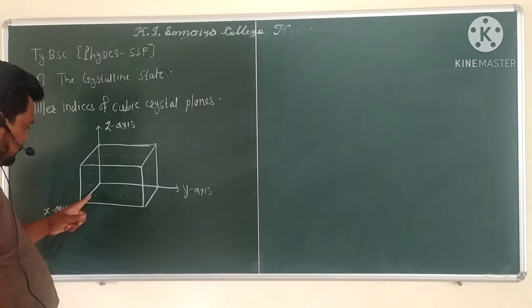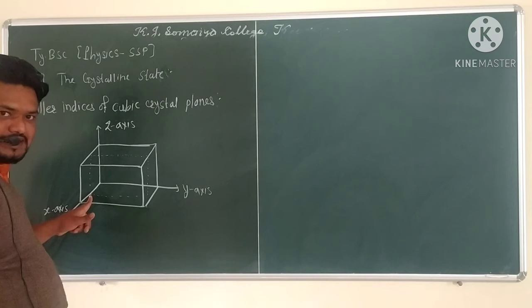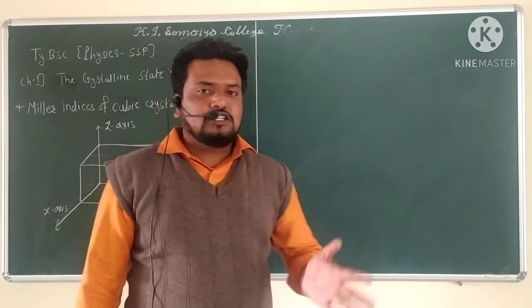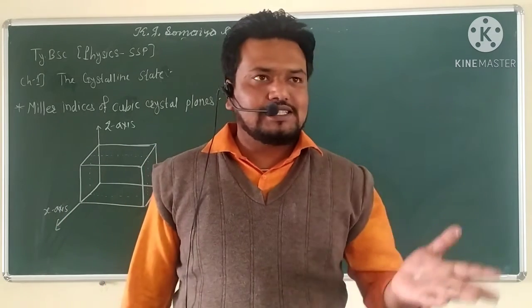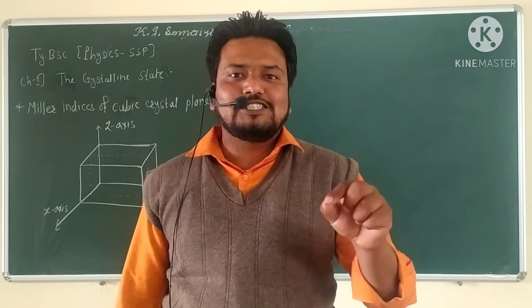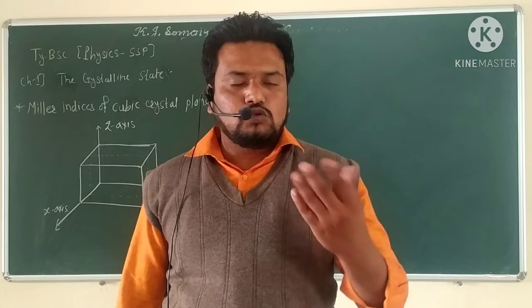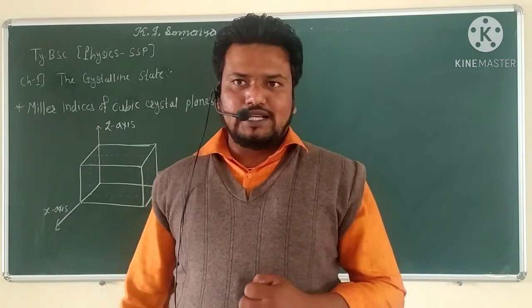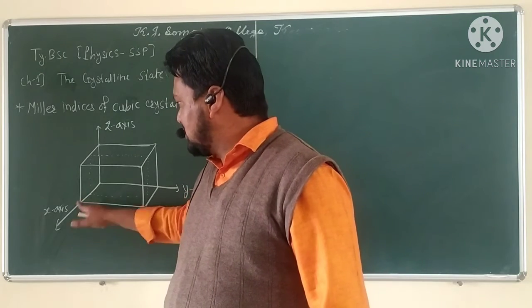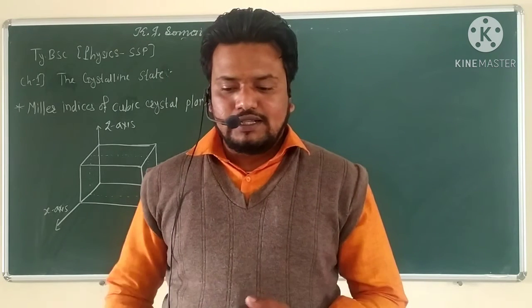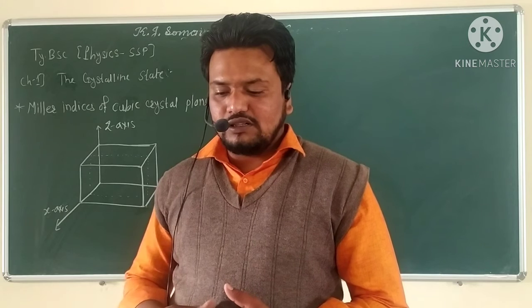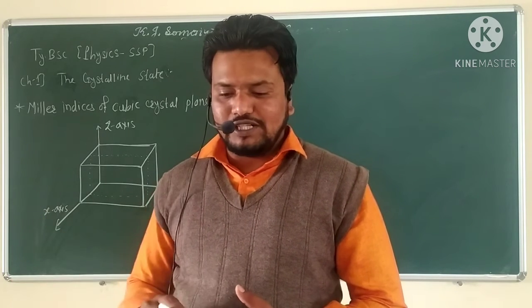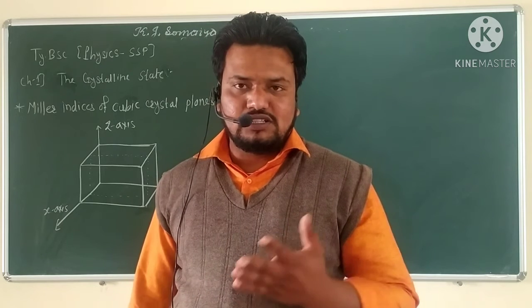So this plane intersects only the x-axis and is parallel to the y-axis and z-axis. So consider this point meeting at infinity, and you have to know the definition of infinity, the infinite ray point, and that's why this plane intersects at this point. So the x-axis is considered as the numerical parameter 1 and the others are infinity, so that is the idea.